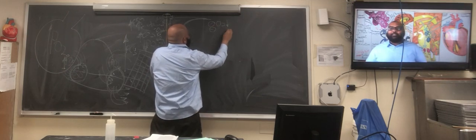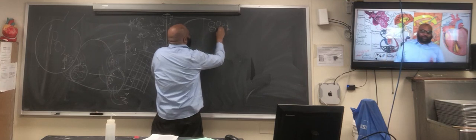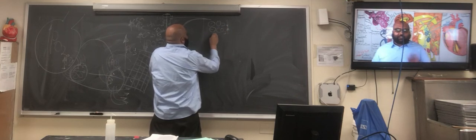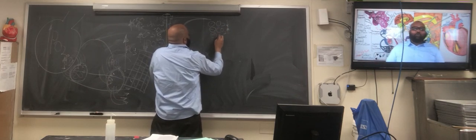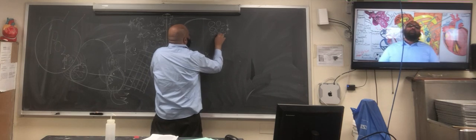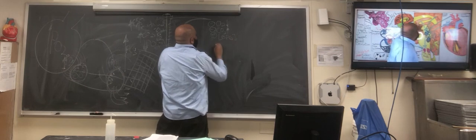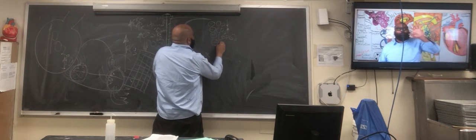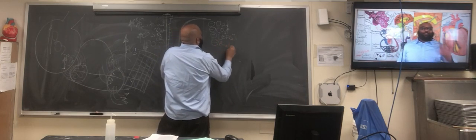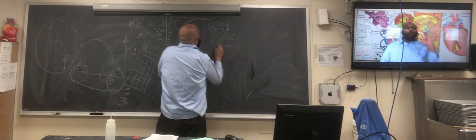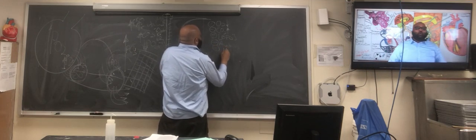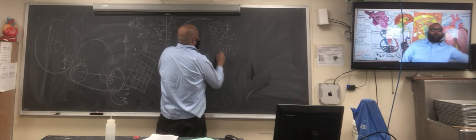Another stressful condition like an increase in carbon dioxide concentration. Another like an increase in the concentration of biphosphoglycerate, BPG. Another like acidosis. Another like an increase in hydrogen proton concentration. Another stressful condition is temperature.